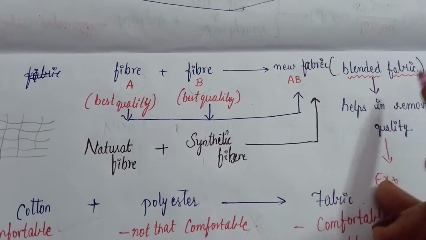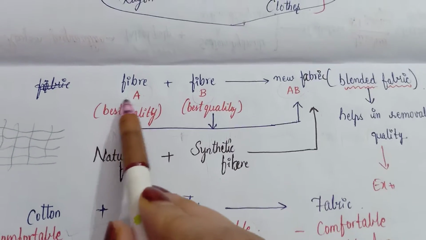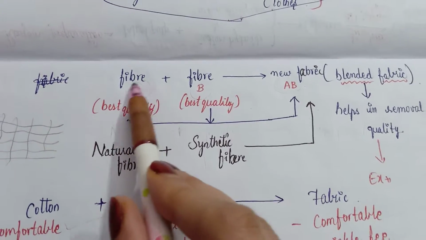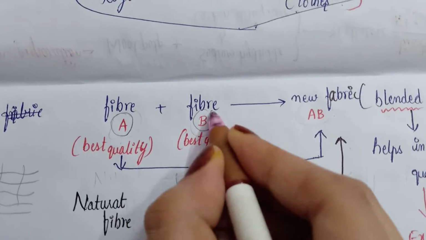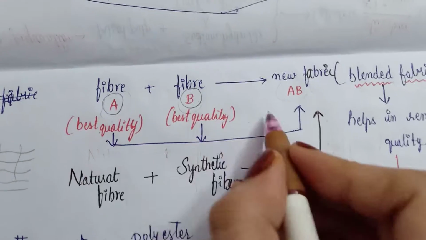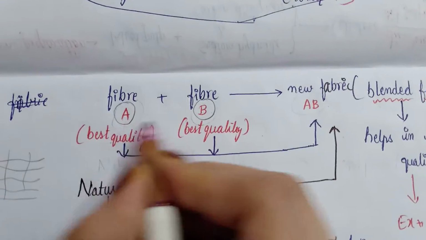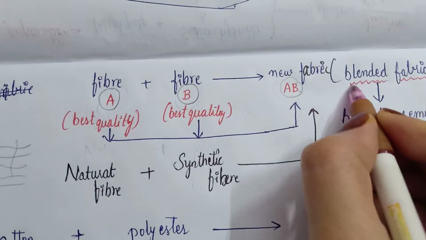So why do we do this? To obtain the best qualities. If fiber A has certain best qualities of A, and fiber B has certain best qualities of B, when we combine them, we will get these best qualities in this fabric, right?